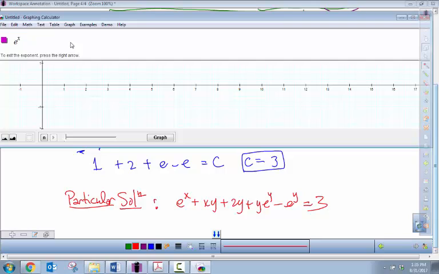e to the x plus x times y plus 2y plus y times e to the y minus e to the y equals 3.